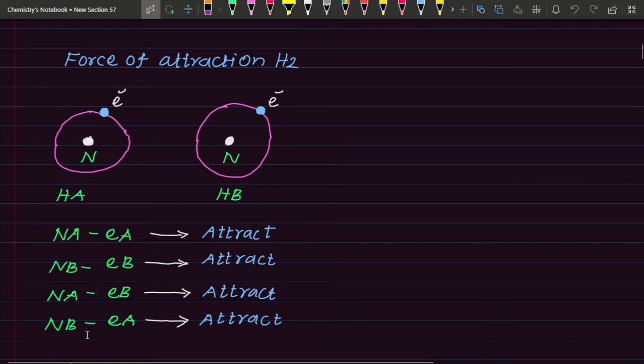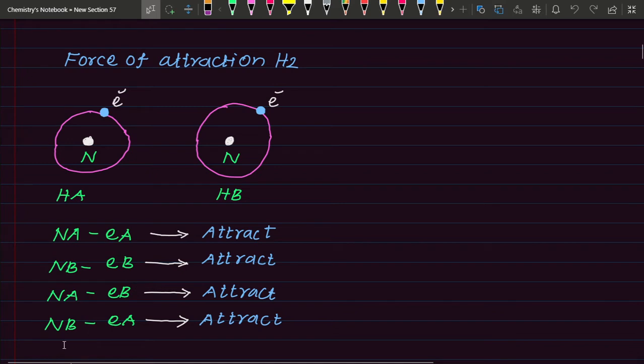Next, nucleus A and electron B, EB, these both are attractive.